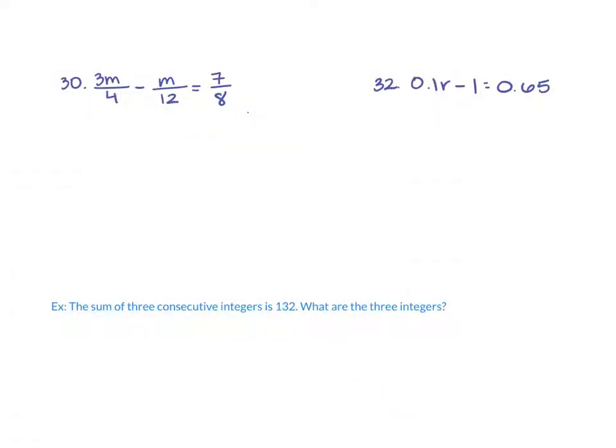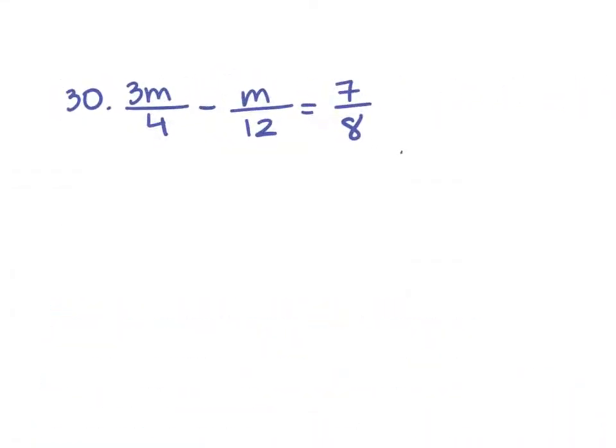Now we're going to look at 30, which says 3m over 4 minus m over 12 is equal to 7/8. To solve this, we need to get a common denominator, or an LCD, throughout the whole problem. If I look at 4, 12, and 8, I notice they have a common multiple of 24.